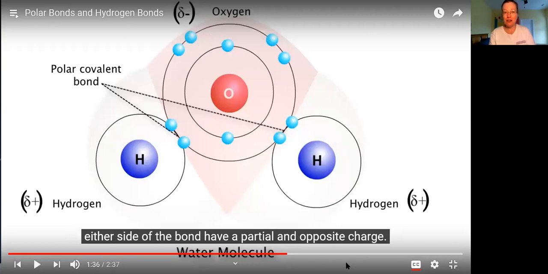They're not completely positive, they're not completely negative, but the two atoms that are sharing the electrons will create a polar bond or a dipole, D-I-P-O-L-E, because one will be more partially negative and the other will be more partially positive.